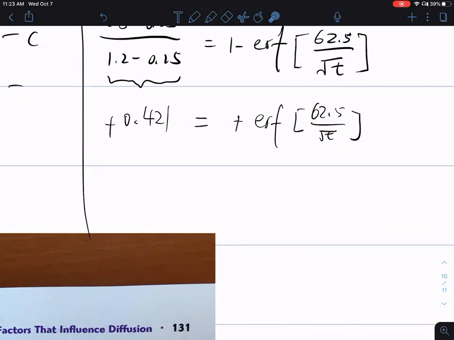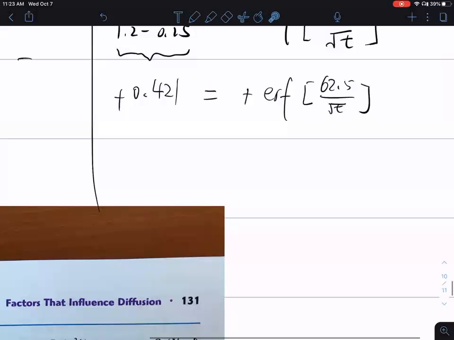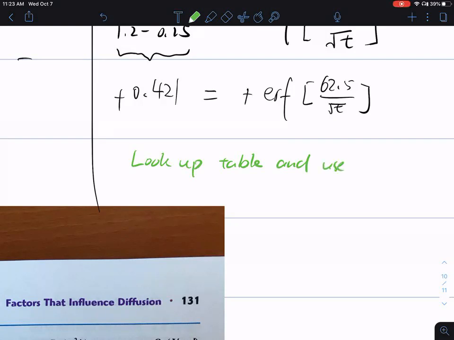We can do a better job to estimate that value. So what we're going to do is look up the table and use interpolation.